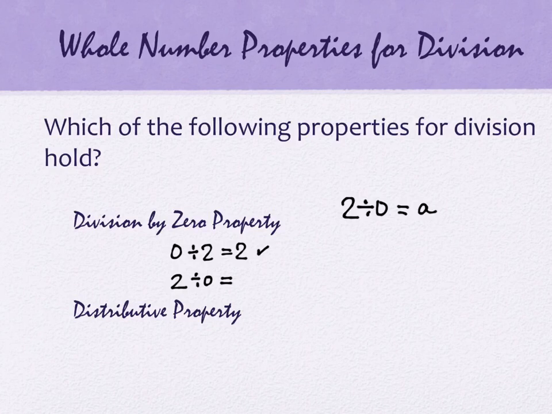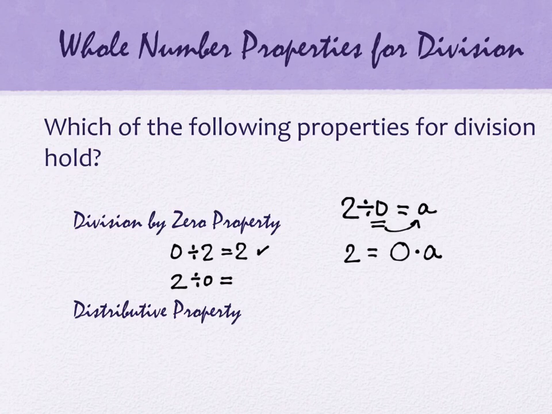Well, by definition of division, from last time, the very first slide we did back at the beginning, this 0 has to be able to be taken over to the other side with multiplication. And it would have to be the case that the 0 that I just moved times the A is equal to 2. What's 0 times A? 0. And 0 times anything will always be 0.